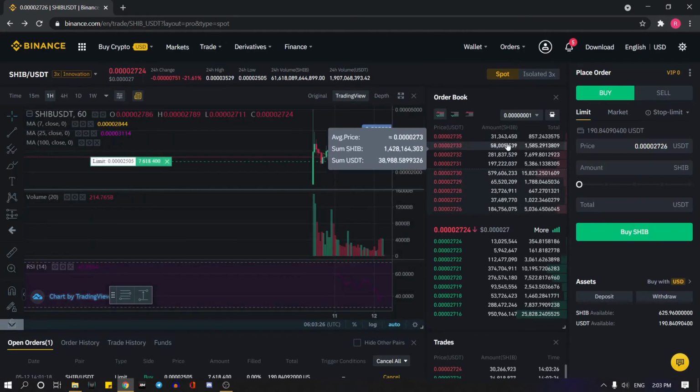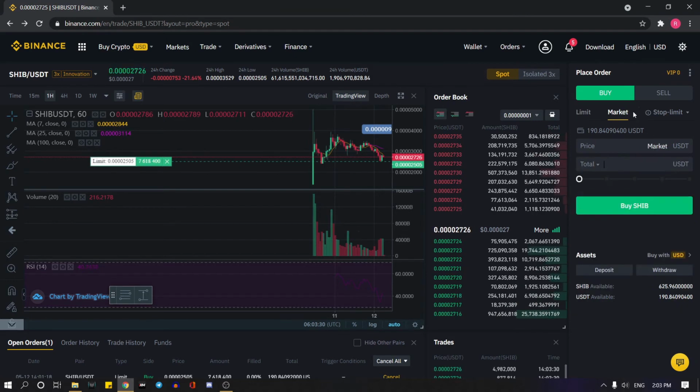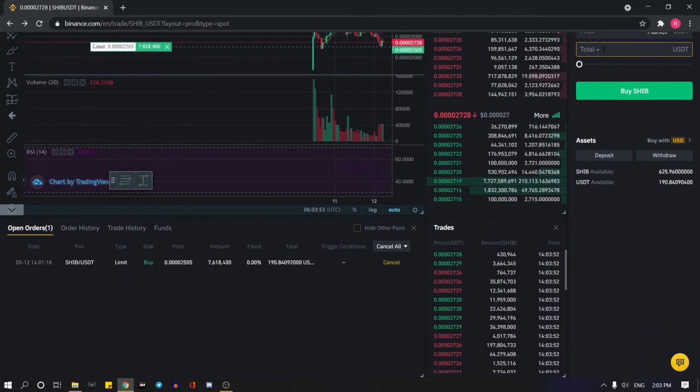All right, so that's the limit. And the market, I suggest you don't use this one because normally if you choose this, it can't edit the price. It will just say that you buy at the current price or the current market price. Okay, that would be the 27, this is the one moving. So if you put and buy here, then normally it will automatically give you your crypto.